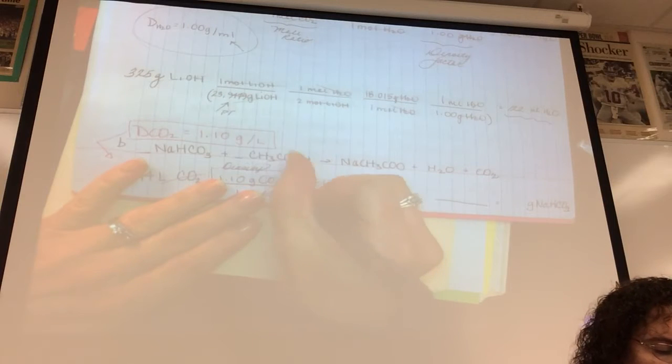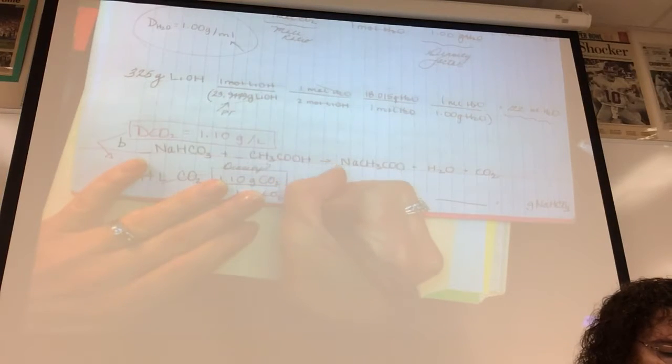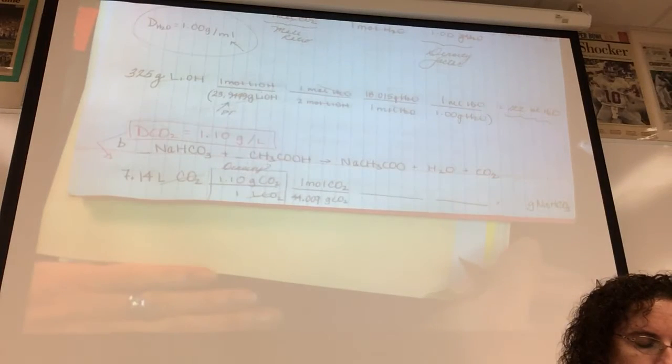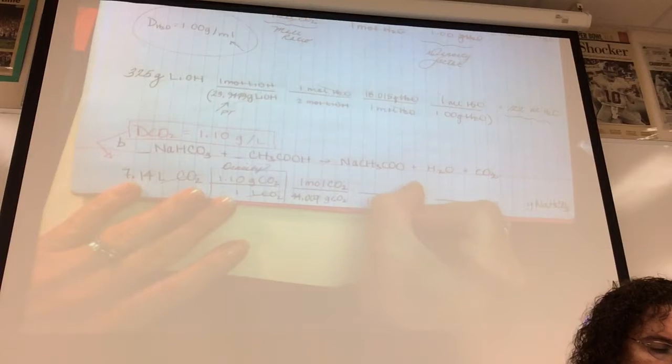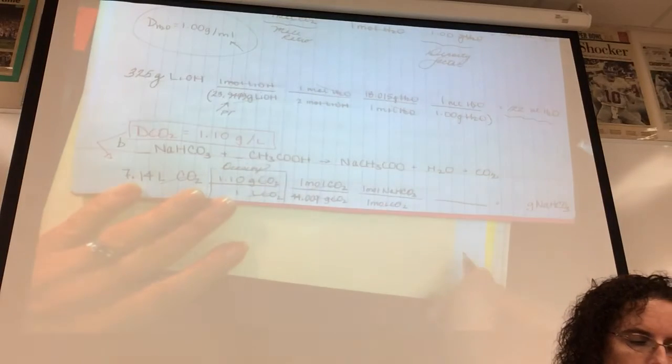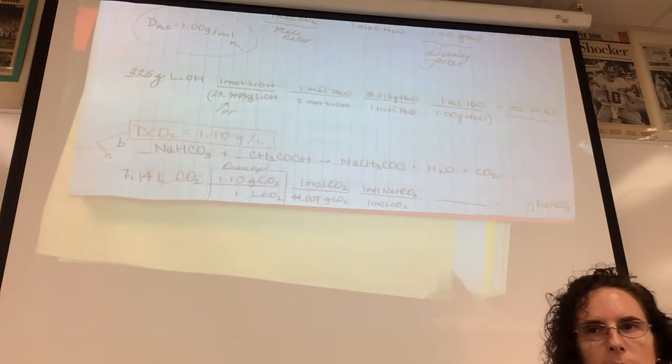The molecular mass of carbon dioxide is 44.009. You've got 1 mole of CO2 to 1 mole of sodium bicarbonate. Cancel, cancel. And what would the last step be?